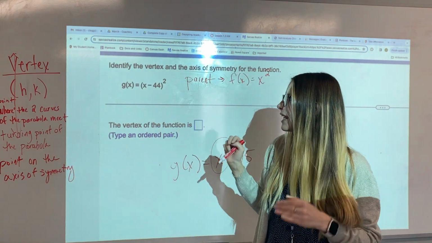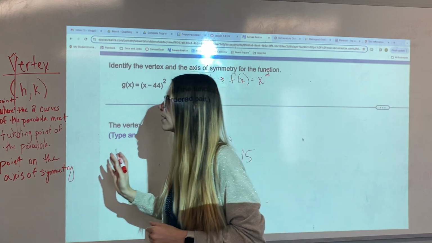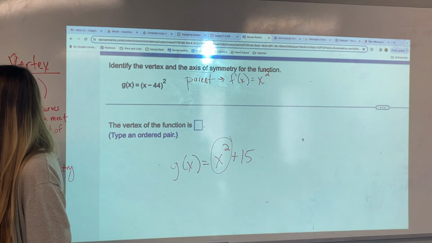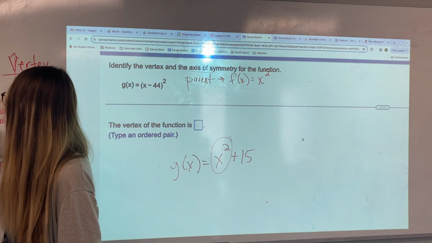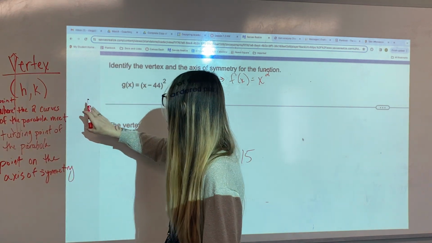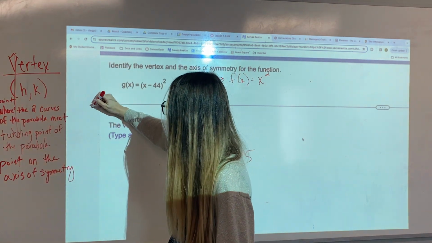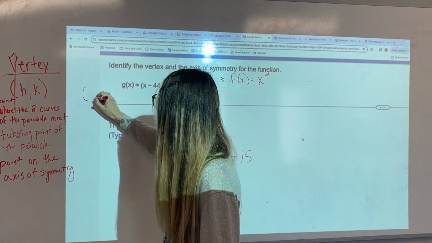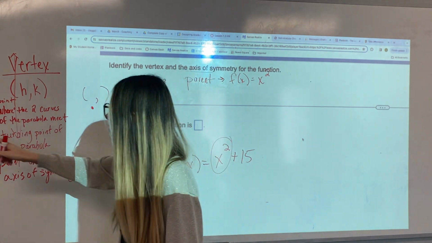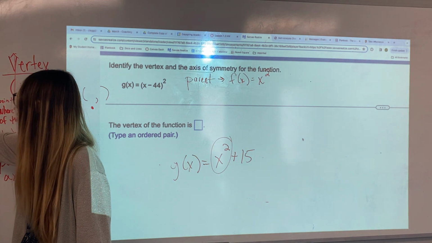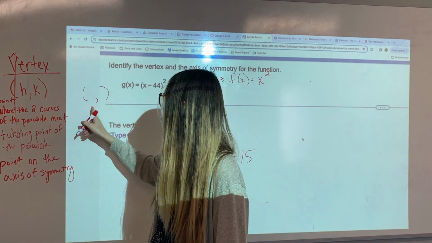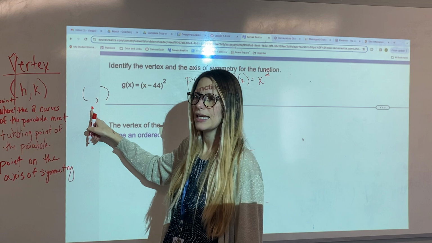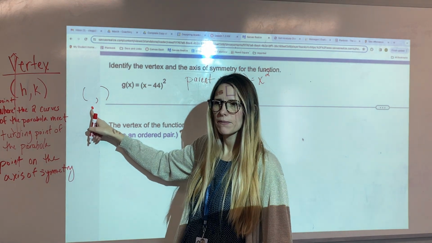Okay? If this mommy and daddy is shifting to the right 44 units, so let's say it's like somewhere over here, what is the vertex? If this vertex is shifting to the right 44 units, what is this coordinate point?